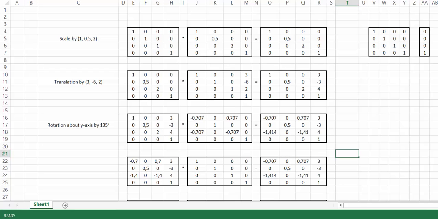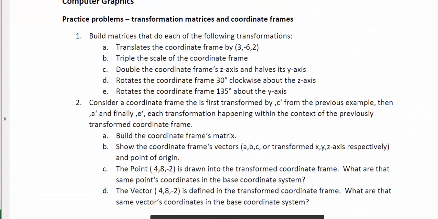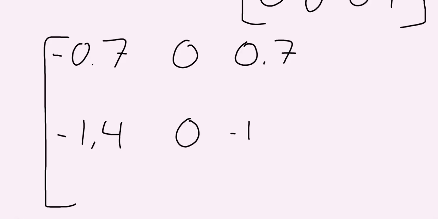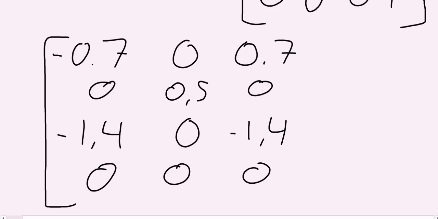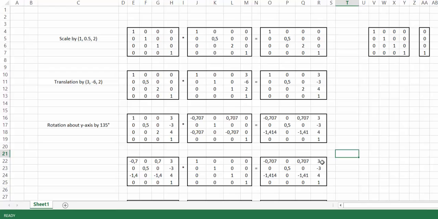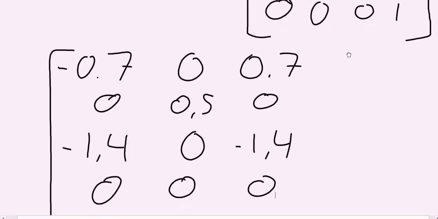Then we have minus 1.4 here, minus 1.4 here, minus 1.4 here, we had 0.5 here, 0 and 0 here. And then we have 3, minus 3, and 4, and 1.